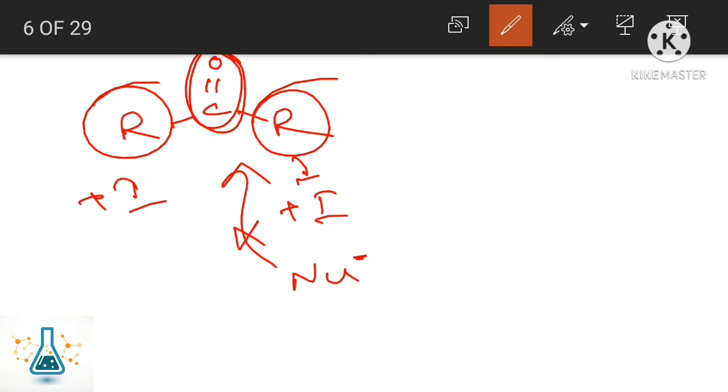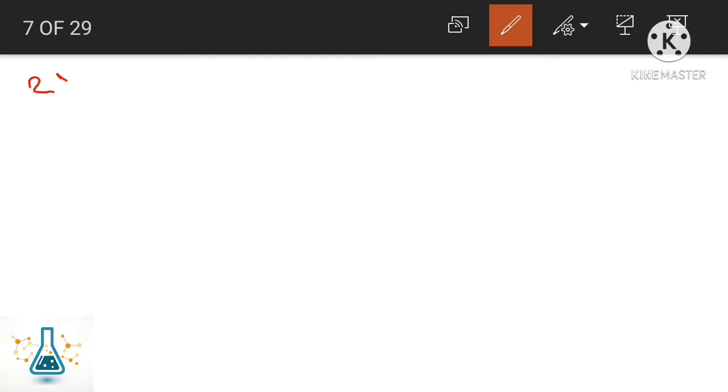Okay, so now we will see the mechanism of aldol reaction in presence of acid.